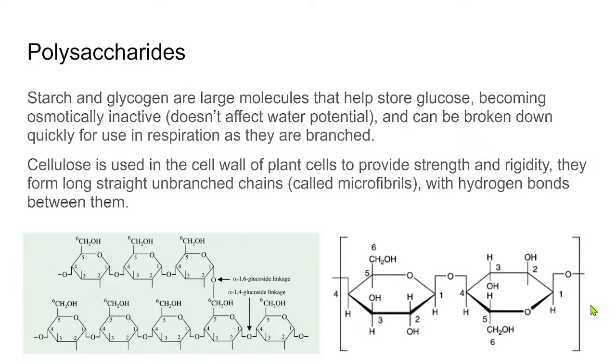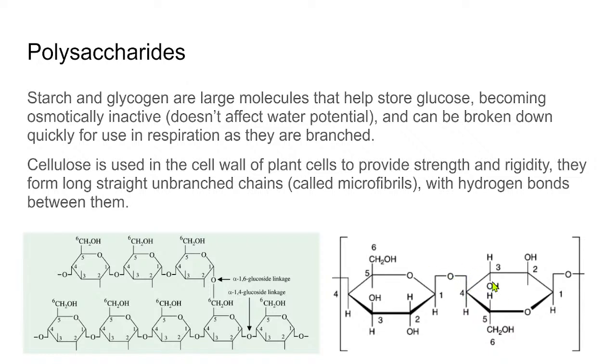Cellulose is slightly different. This uses beta glucose as opposed to alpha glucose. This means we have to alternate each one. So look at the position of this O here. It's now on the bottom over here. So we can form this sort of shape.